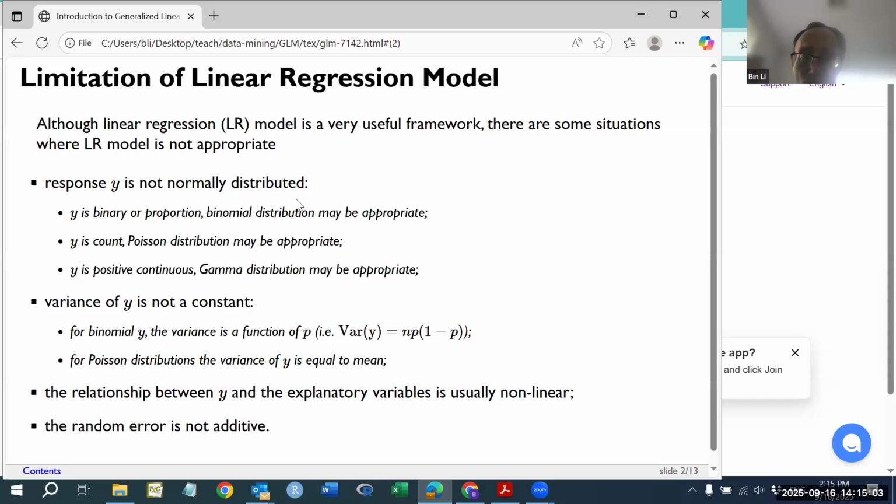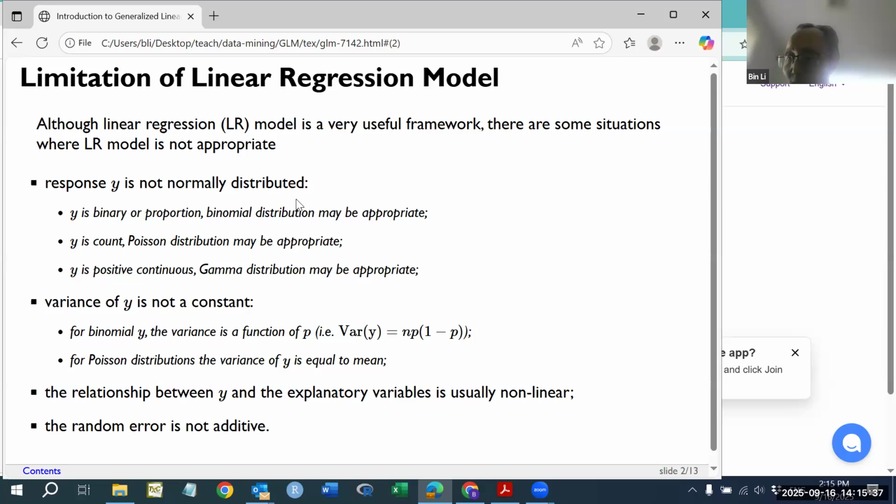If the response is not normally distributed, let's say it's binary, with just two possible values, 0 or 1, obviously we cannot use linear regression anymore because it's not normal. Or maybe y is counts, like 0, 1, 2, 3, the integers from 0 to infinity, so that obviously also cannot be used.